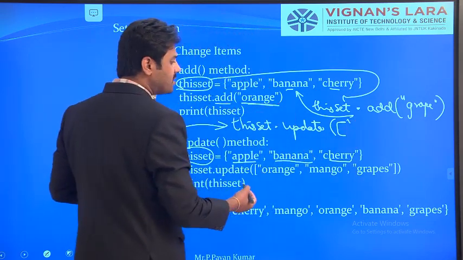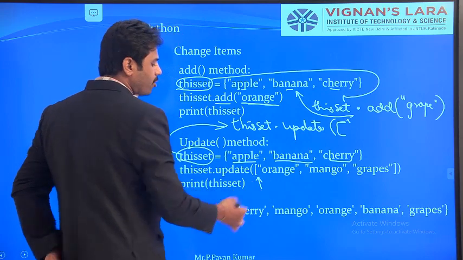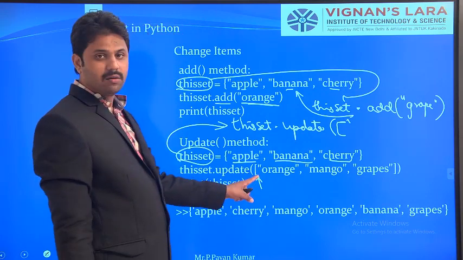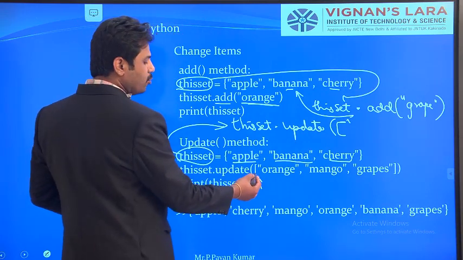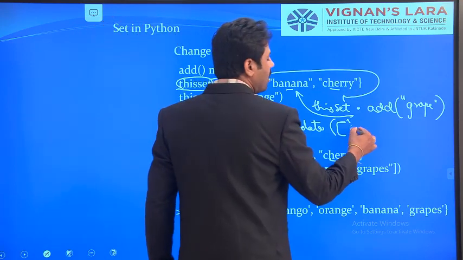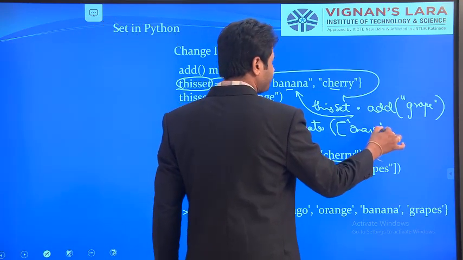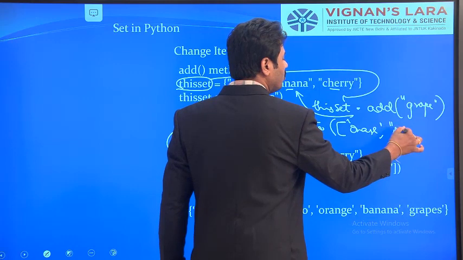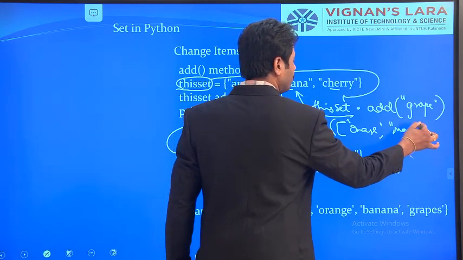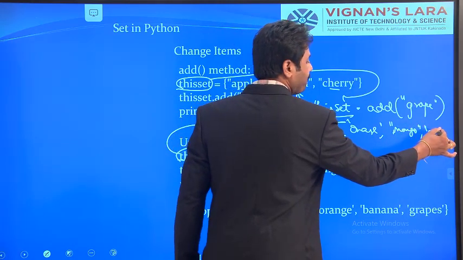You must use parentheses here. You are giving here a list. Observe this one. You are using here a list like orange, mango, grape.